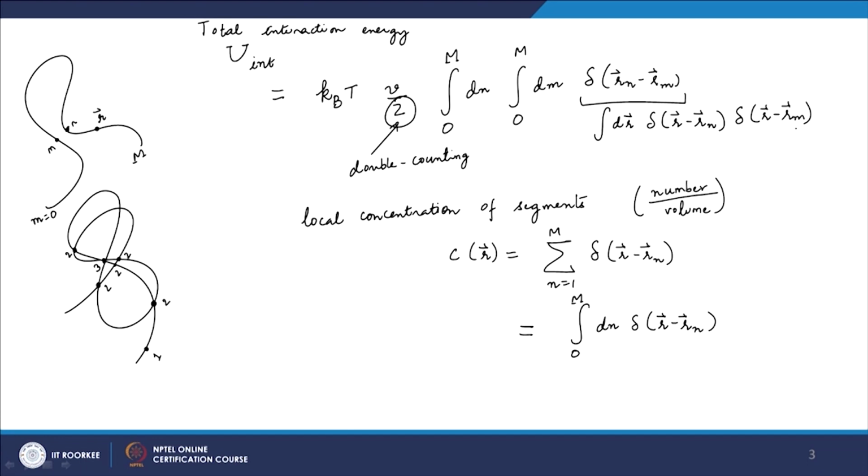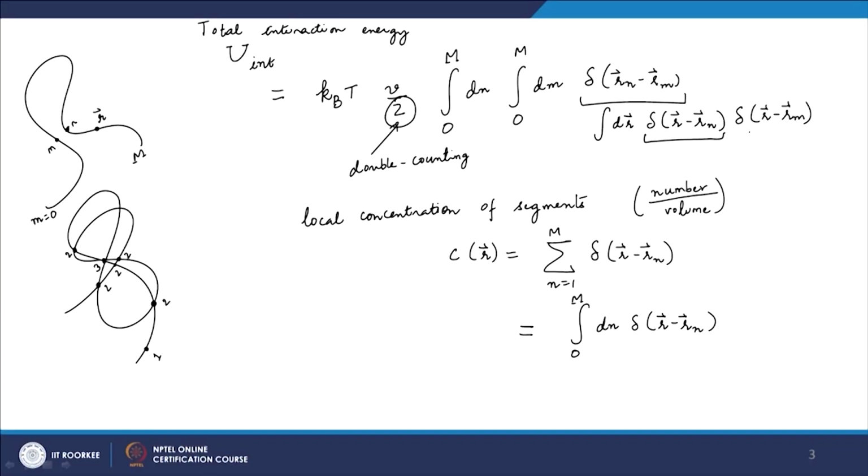Of course, there is a mathematical proof for this, but it is not very simple to see. It is, however, very simple to see why it should be the case. So, Rn has to be equal to Rm, and that must be equal to some r.